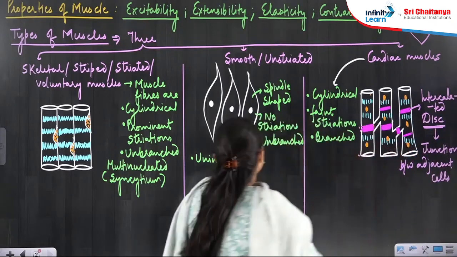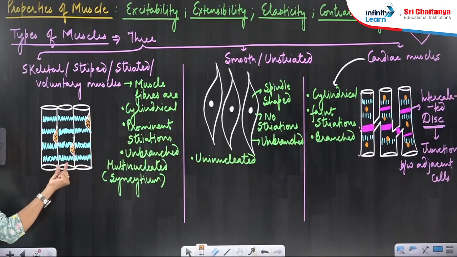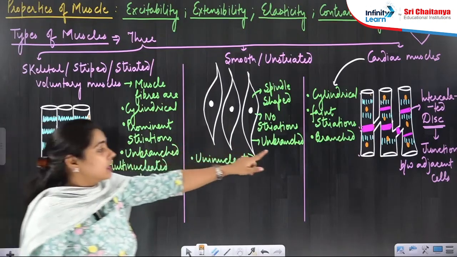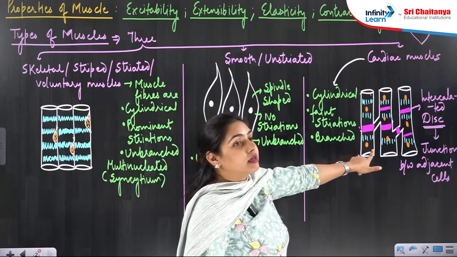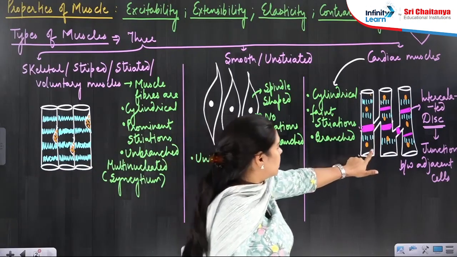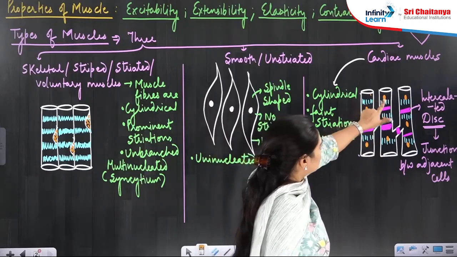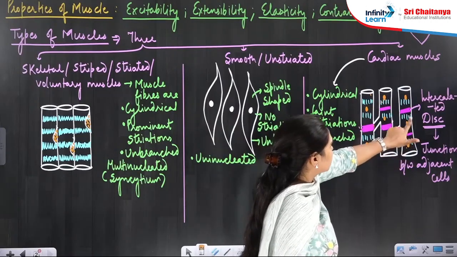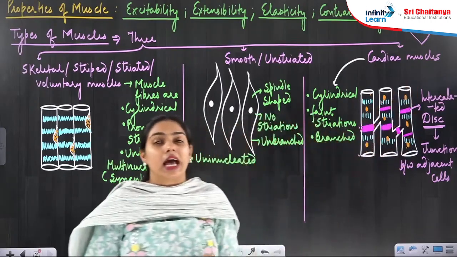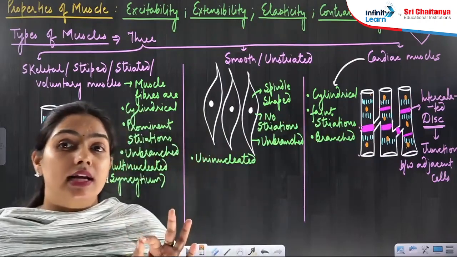So here we can say these are 3 muscle fibers. But here we cannot say there are 3 muscle fibers. Here 1, 2, 3, 4, 5, 6, 7, 8 muscle fibers I have made, because 8 nucleus.